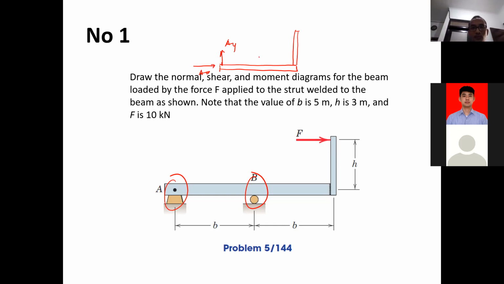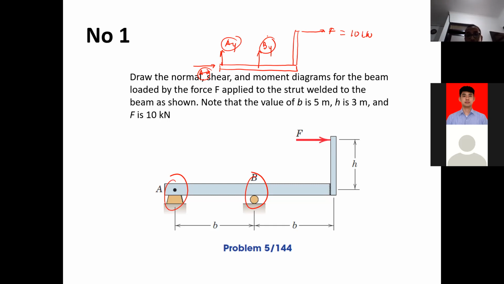At B it's supposed to be By, and there is supposed to be F here. Okay, F is 10 kilonewton. Using sigma Fx, sigma Fy, and sigma moment, we can get Ax, Ay, and By. Okay, we will be able to solve that.